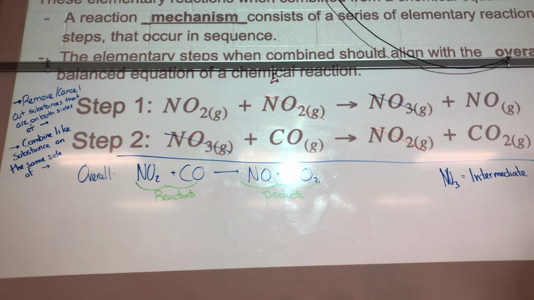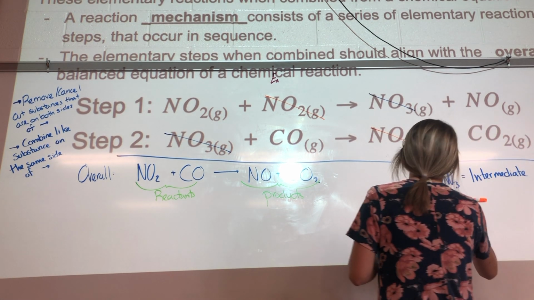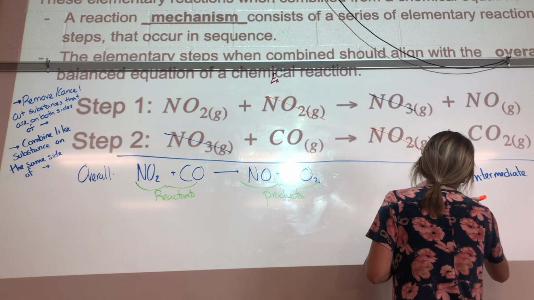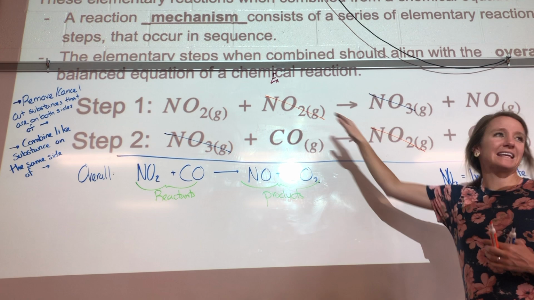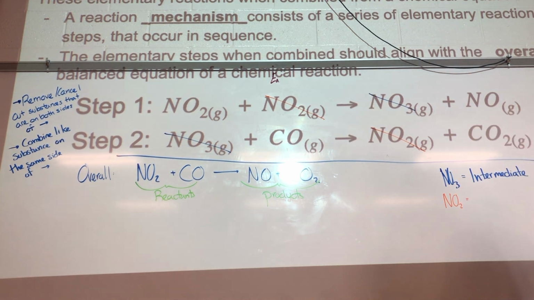Did you try and get an excess amount of NO3? Yeah, with some reactions you could technically stop after one step if you wanted and see the intermediate, and then have it continue onward. Yeah, Sam? Why on step 1 isn't the reactant written as NO2? It could have been. I wrote it that way just to help you see the canceling. But it totally could have been written that way and it'd be the same thing.